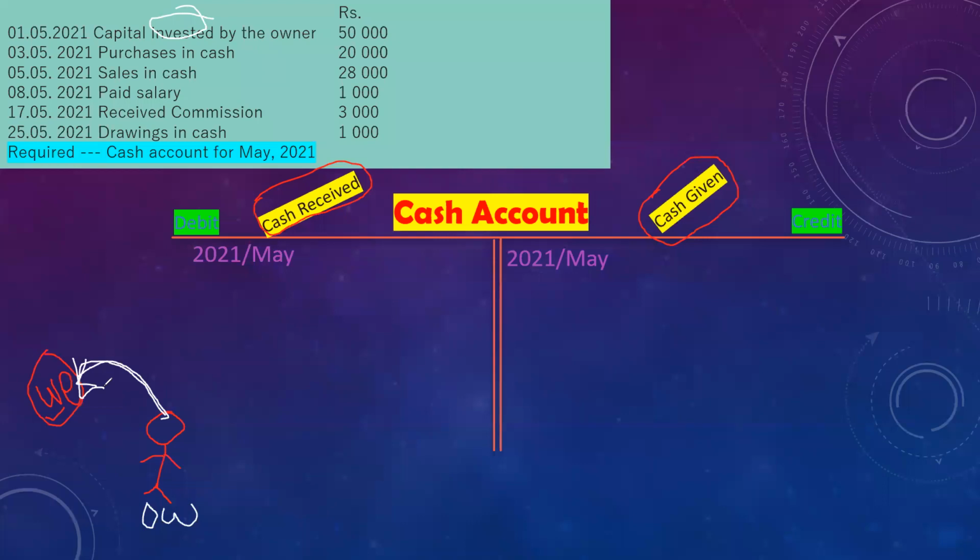Owner investing money means we are inside the business, so we are receiving money. When we receive money, cash received is debited to cash account. So in cash account, that 50,000 rupees, we will debit it. And don't forget to mark rupees at the top.